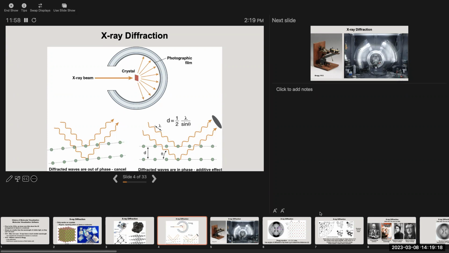If you look at the bottom left of this image, the squiggly lines represent the X-ray beam traveling into the crystal, and the little rows of green circles represent some kind of repeating element within the crystal. It could just be rows of identical atoms or rows of entire molecules that are repeating themselves inside this crystal.